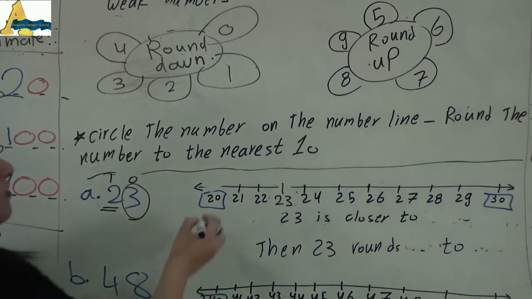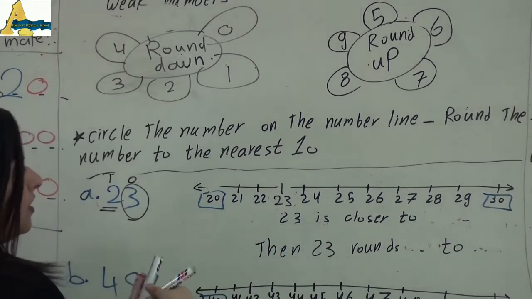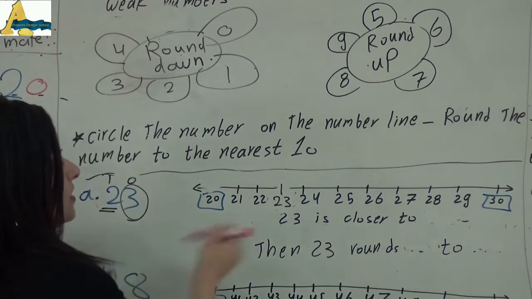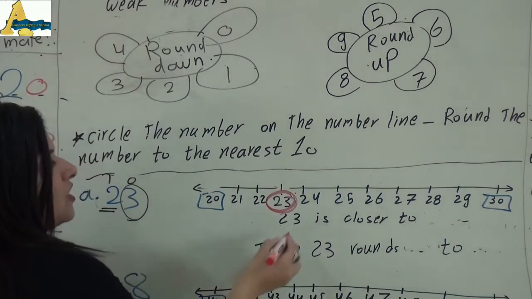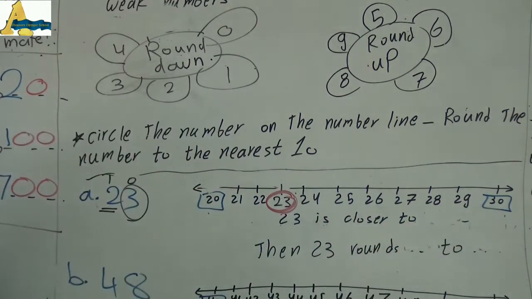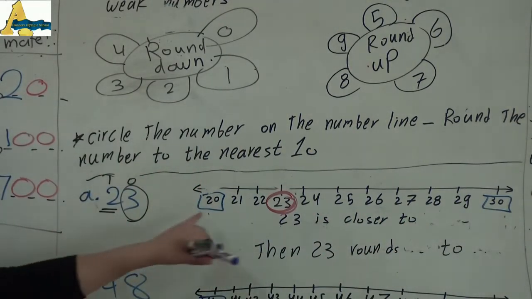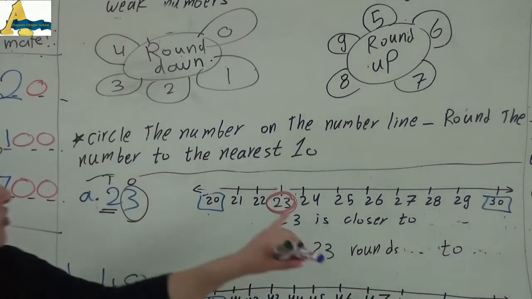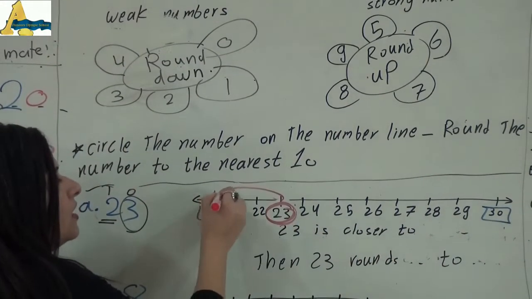Let's see here. First of all, let's circle the number on the number line. This is number 23, right? 23 is closer to which number, 20 or 30? Number 23 is between 20 and 30. So 23 is closer to number 20.